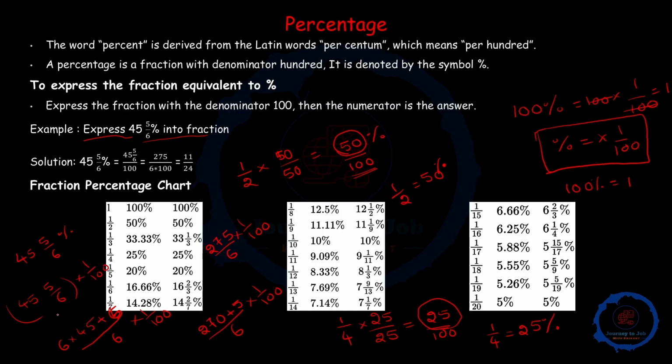You must know how to solve a mixed fraction. Suppose A B by C, solving it means C into A plus B by C. This is the mixed fraction solving process.